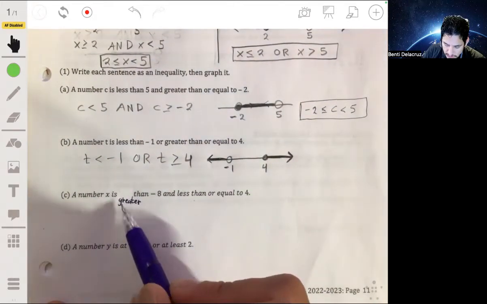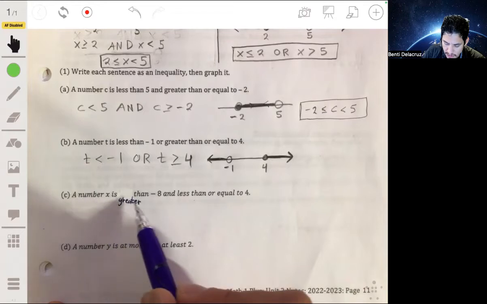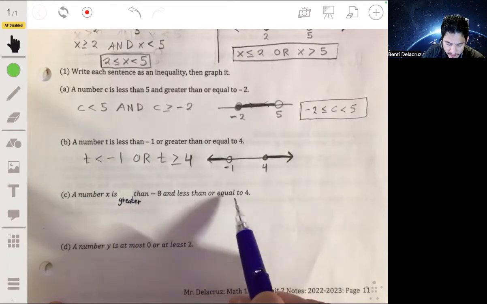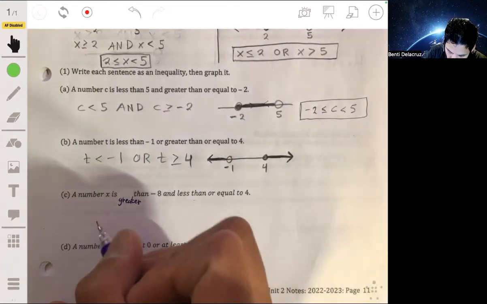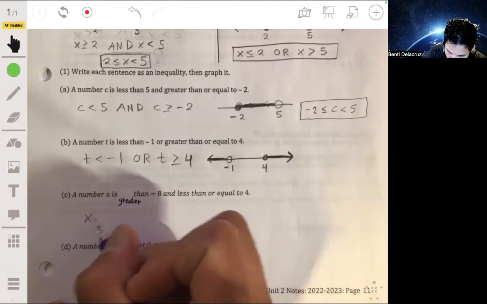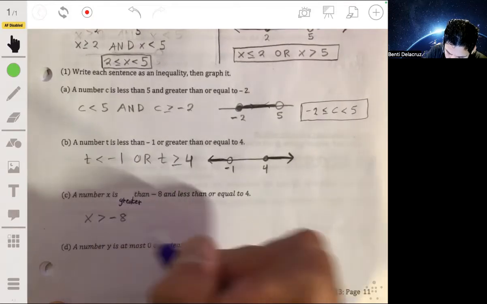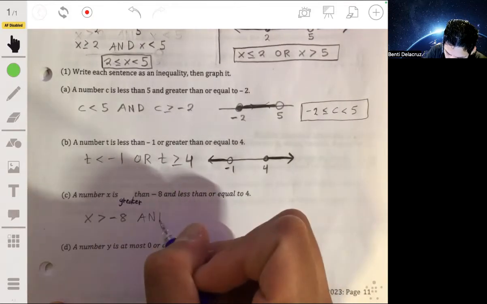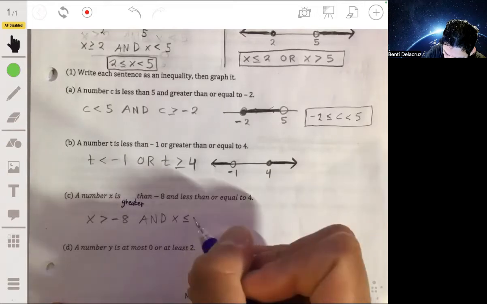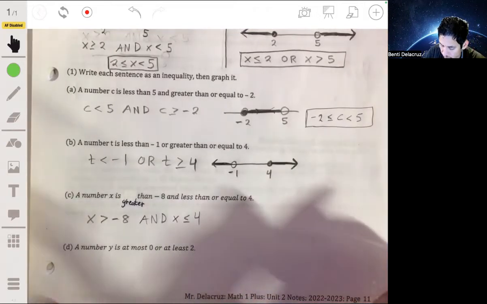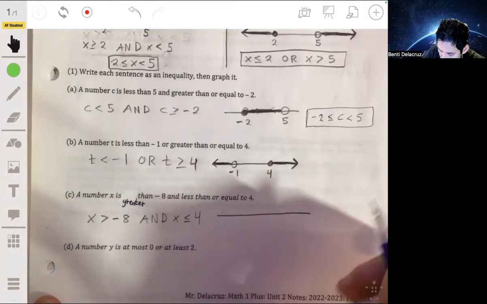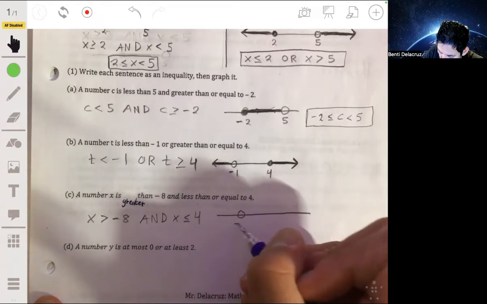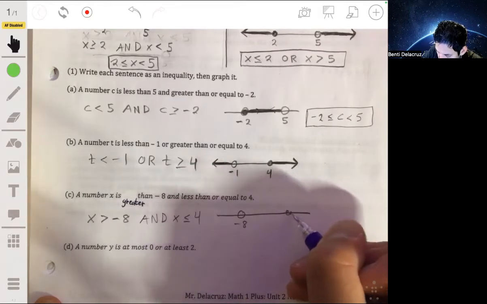All right, so C, there's a typo here. It's supposed to say a number x is greater than -8 and less than or equal to 4. So x is greater than -8, and x is less than or equal to 4. So we have open circle on -8, closed circle on 4.